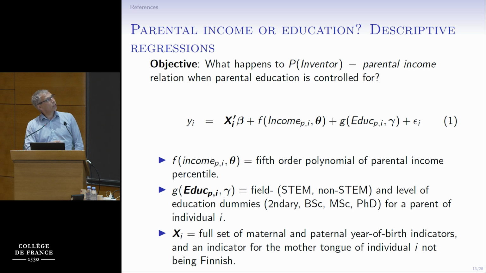We have a very flexible functional form for the parental income percentile because we want to match the raw data. And then we estimate the model with and without this G function. The G function takes in essentially the dummies that you saw in the histogram. So what type of education does your parent have, mother or father? Is it STEM or not? Is it master's, PhD, whatever? And then we compare the outcomes.